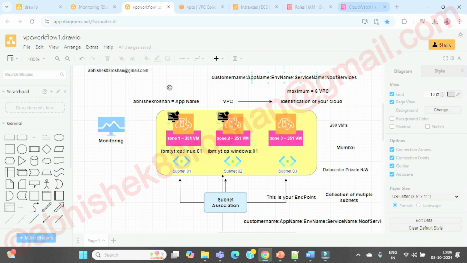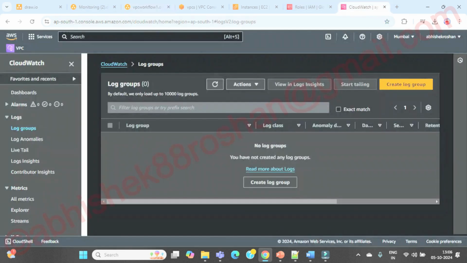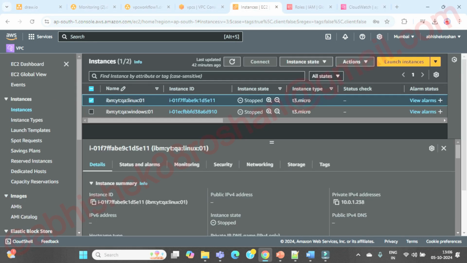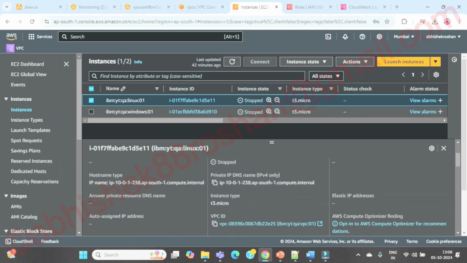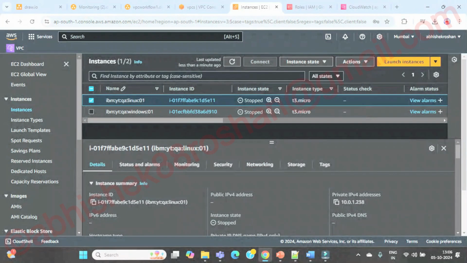Which you have seen. One second, let me again go to the dashboard, guys. Let's go to the dashboard. Yeah, this is our instance, and let's start that instance.